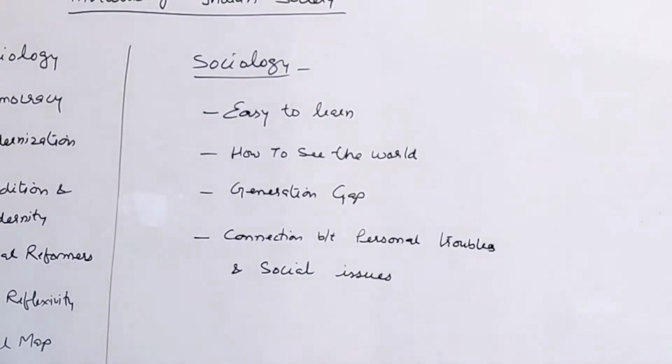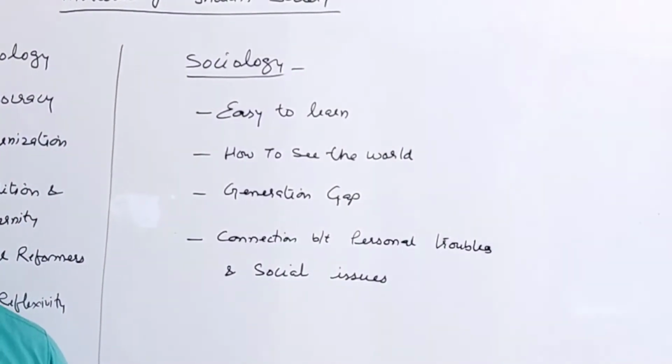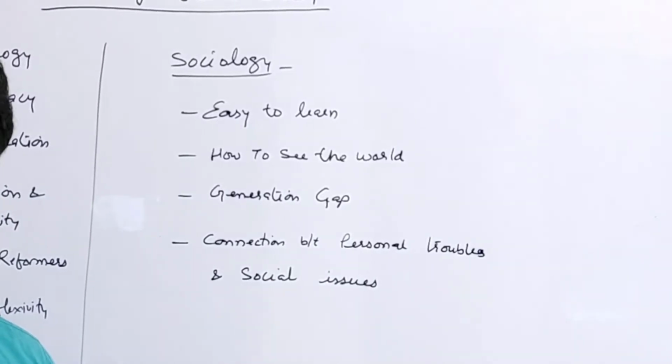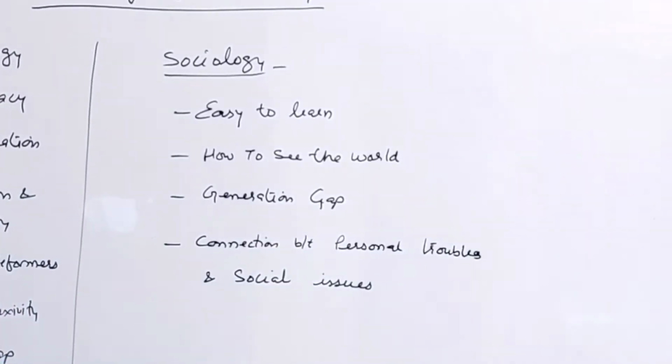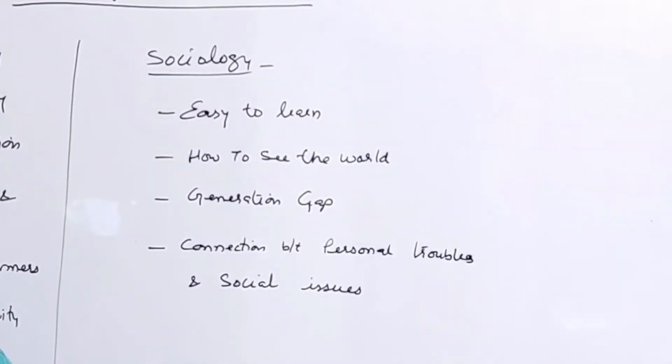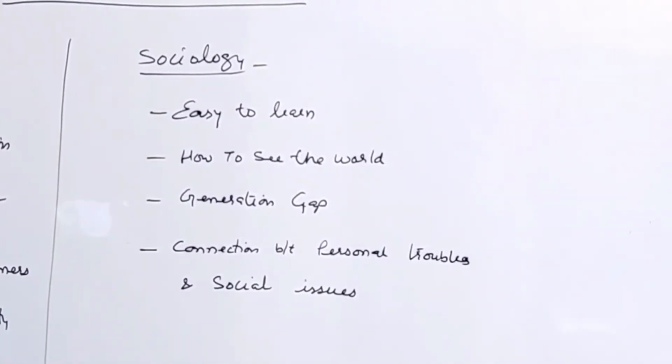So it is how to see the world, not the way we were looking at it till now, but with the lens of sociology, right? How the other people are behaving and what should be the ideal behavior in that certain situation.